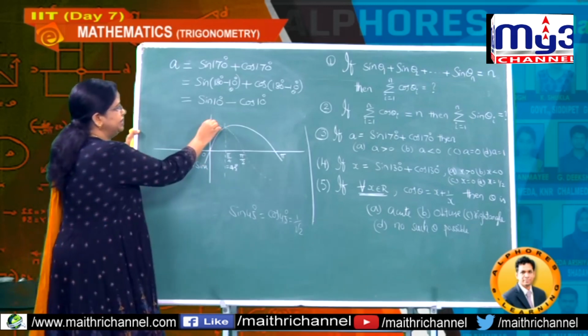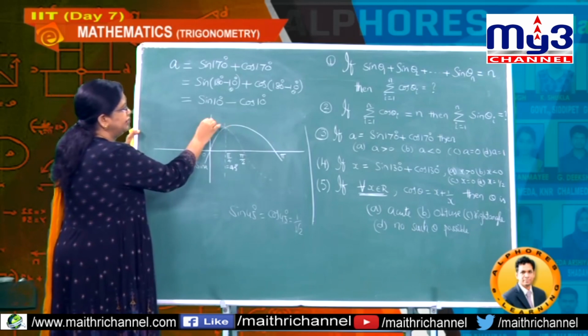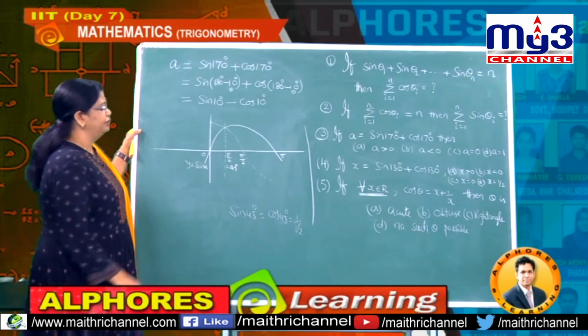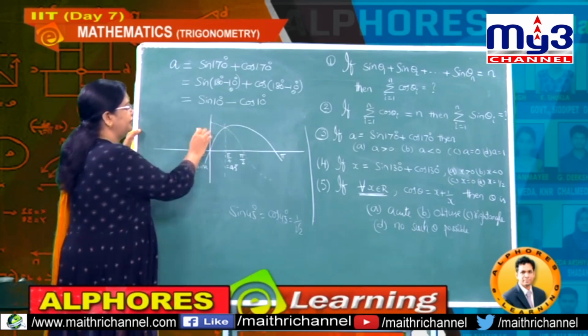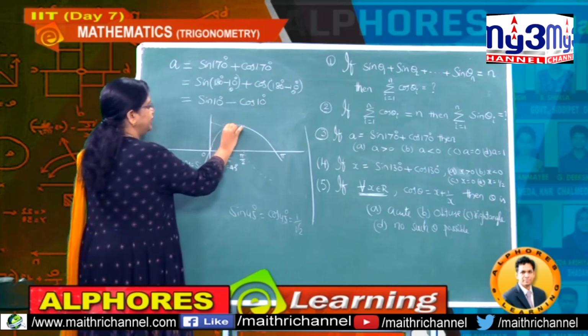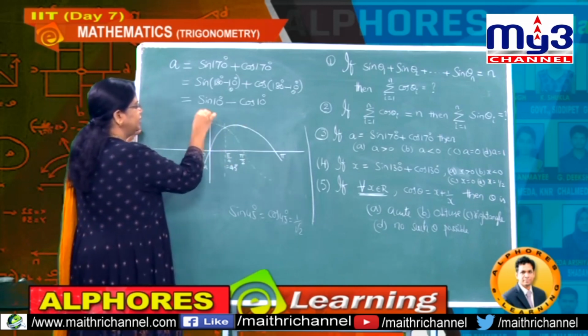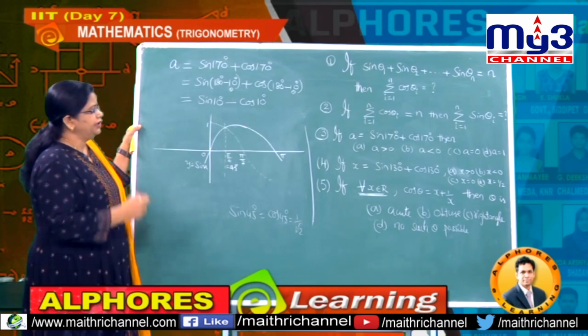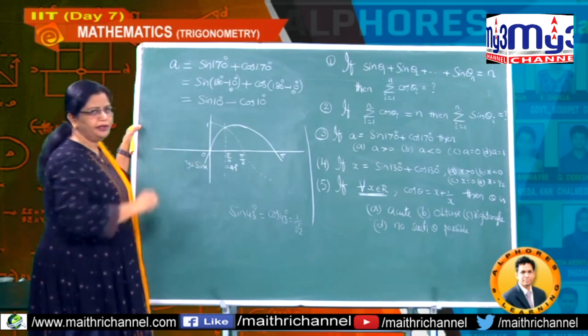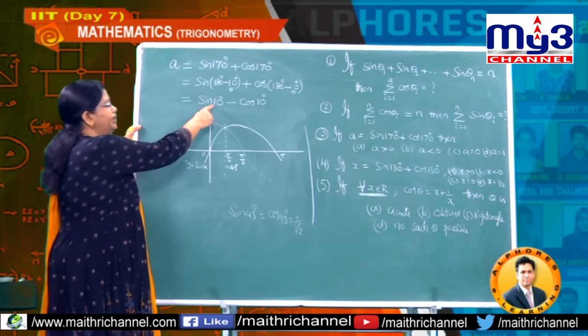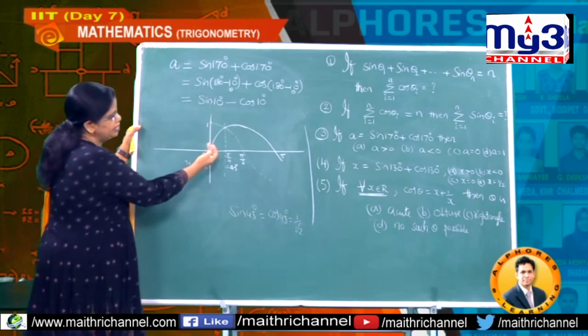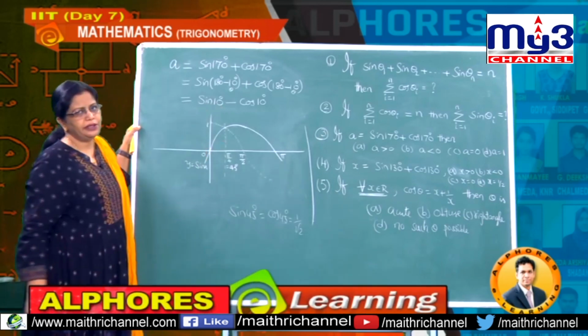Now observe, the dotted one is the cos value, and this is our sine value. Students, you observe this is 45 degrees. Now 10 degrees, where will it come? Just on the left-hand side of 45 degrees.